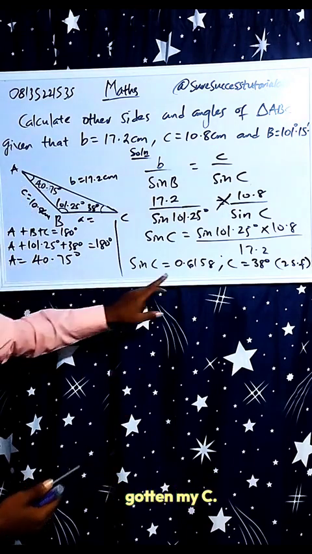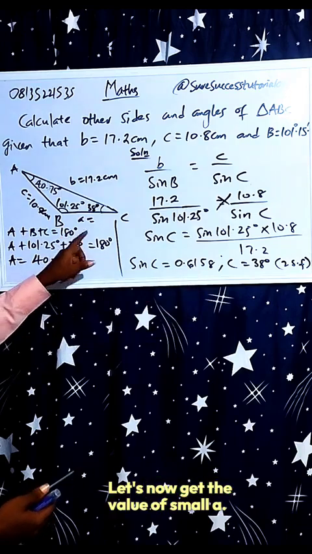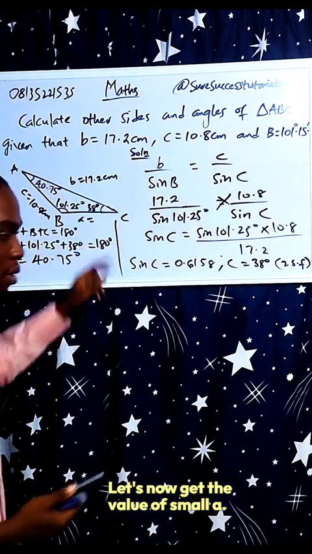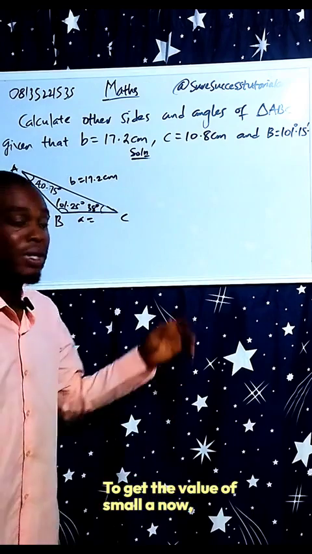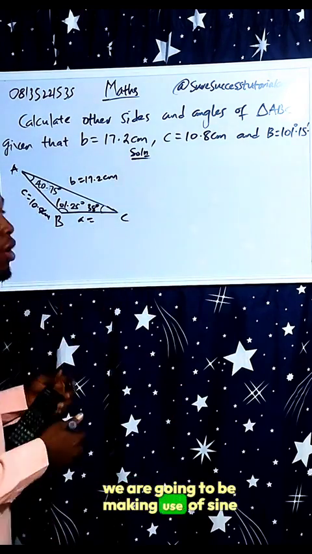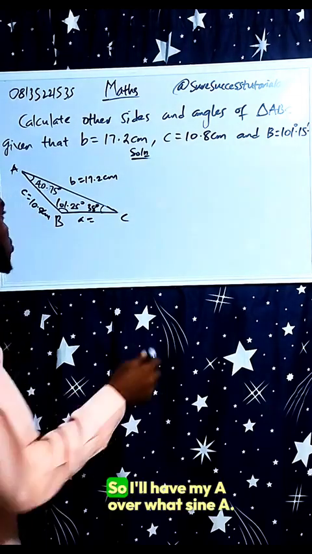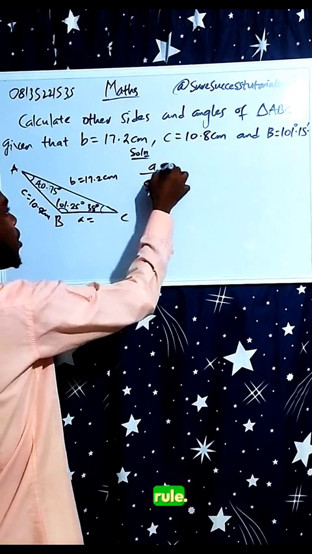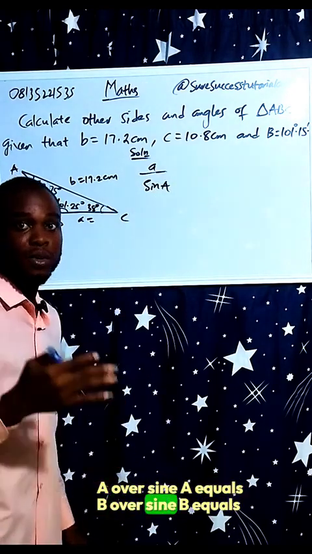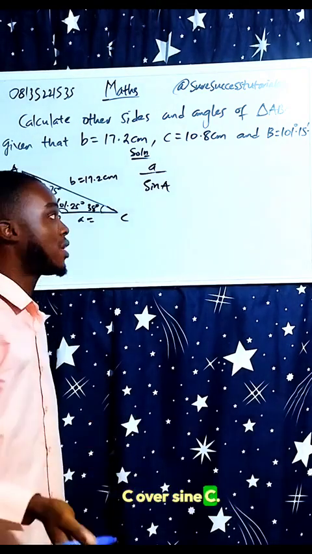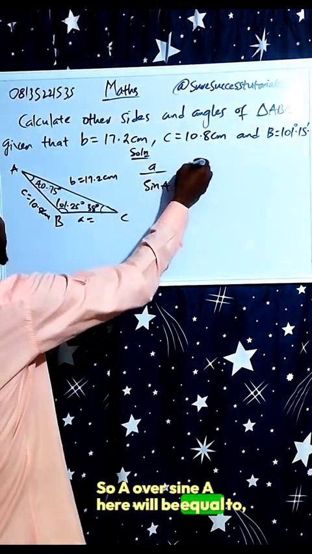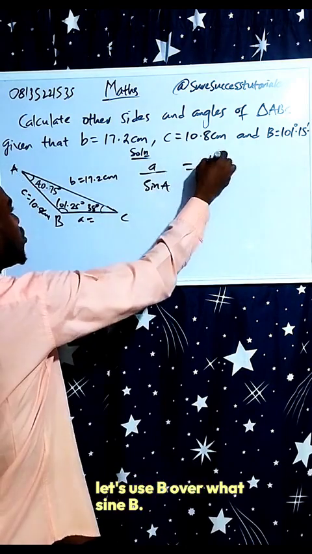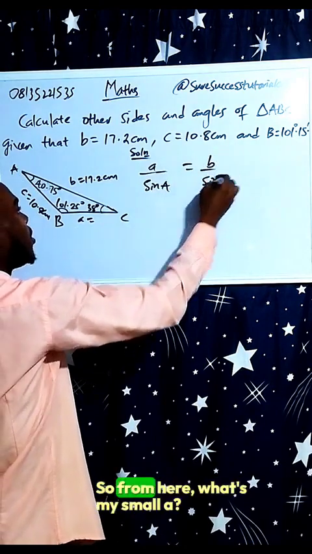Now I've gotten my big A. Let's now get the value of small a. To get the value of small a, we are going to make use of the sine rule as well. Don't forget your formula: a over sine A equals b over sine B equals c over sine C. So a over sine A will be equal to b over sine B. What's my small a?